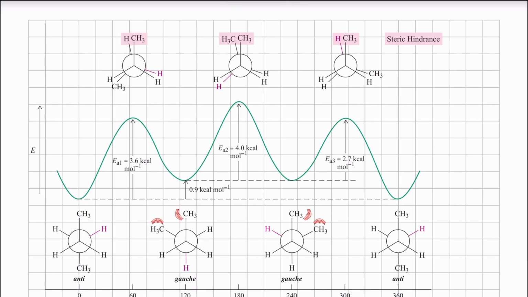That's because when two groups, like methyl group, like hydrogen, like any other possible group that can be connected to the carbon, are face to face, they can cause a really noticeable amount of steric hindrance, like this, like this, like this, and this one. Because of this, they are less stable and have more potential energy.